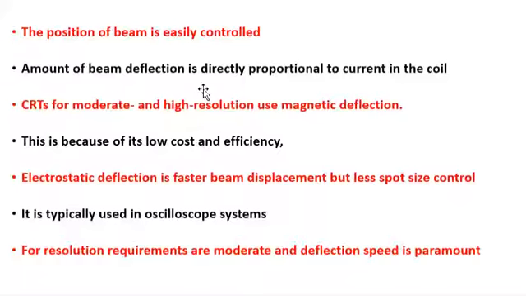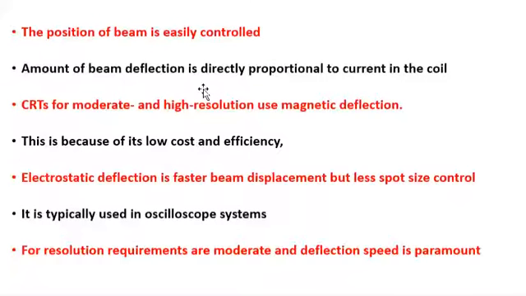And the CRTs that need moderate or high resolution use the magnetic deflection technique. The reason is because it is low cost and of course it has very good efficiency. The electrostatic deflection version, on the other hand, is faster than the magnetic deflection, but it is less effective in spot size control.